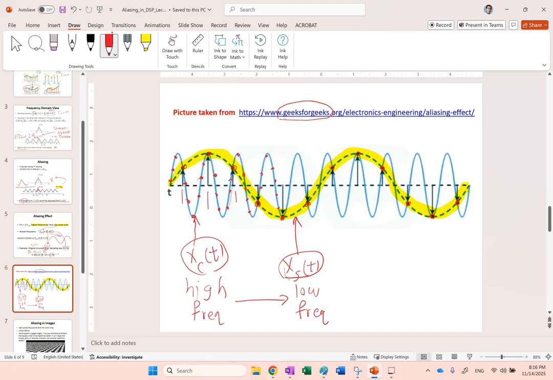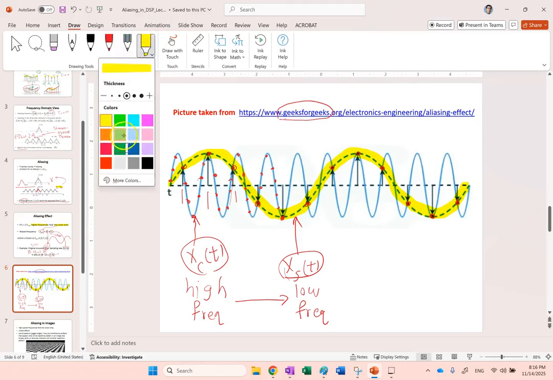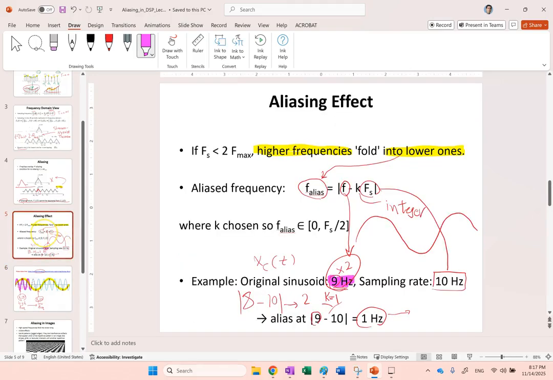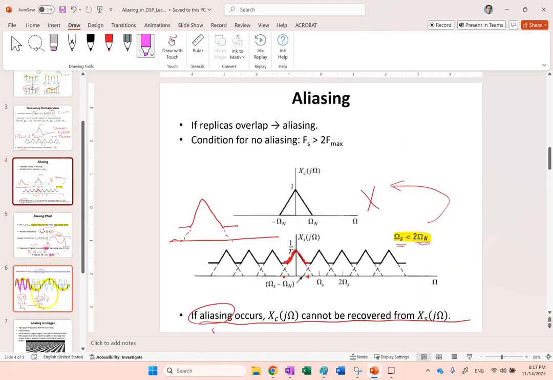No. Now you have so many points that if you have to pass something, it has to be basically something like the original signal with a big frequency. So you can exactly see that 9 hertz as 9, not as 1, as I explained for you here. Okay, so this is the effect that you can see in aliasing.